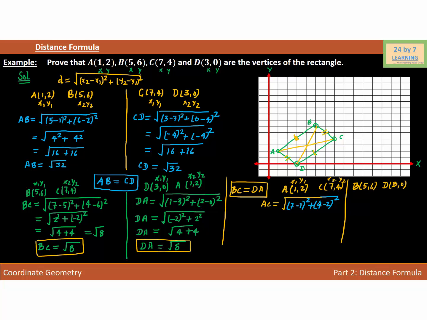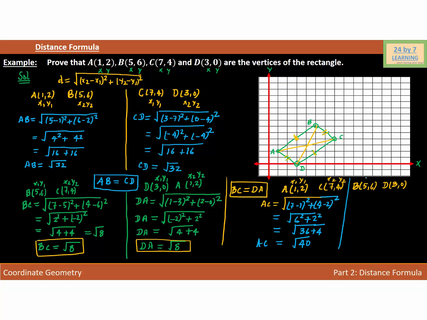So that's what I have over here. Now if I simplify further, I will get 6 squared plus 4 minus 2 is 2 squared. And 6 squared is 36 plus 2 squared is 4. So 36 plus 4 is 40. So I will write square root of 40. And this is my AC.